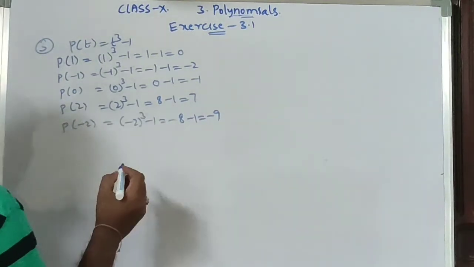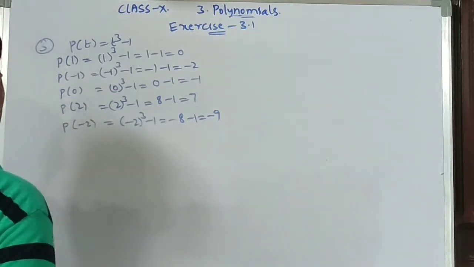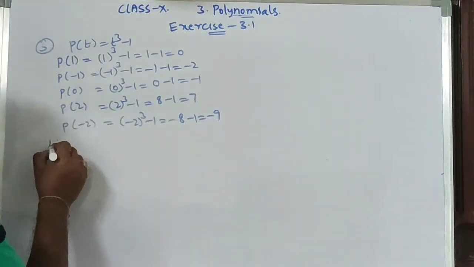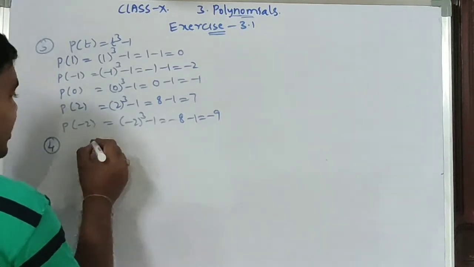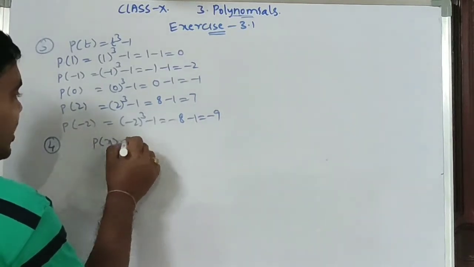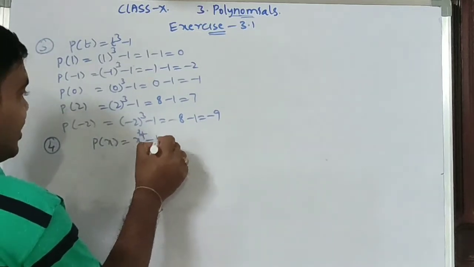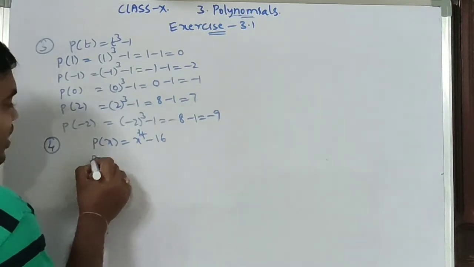Fourth, check whether minus 2, 2 are zeros of the polynomial x power 4 minus 16. What is the polynomial? Let us consider polynomial P of x equal to x power 4 minus 16. So minus 2 and 2, P of minus 2.